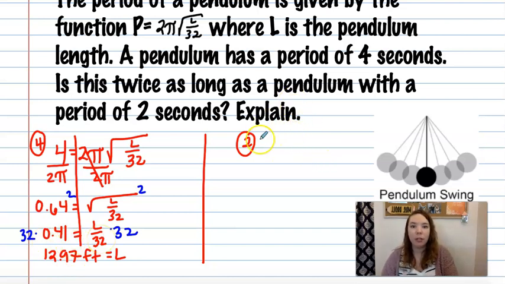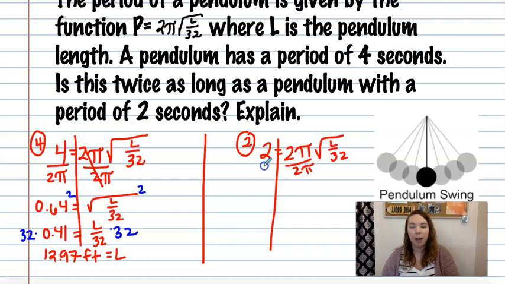So now we're going to do the same thing, but we're going to use 2 for P for 2 seconds. So we will start by dividing by 2 pi. Which to 2 decimal places would get us to 0.32.